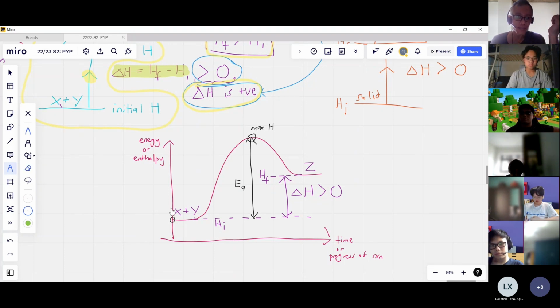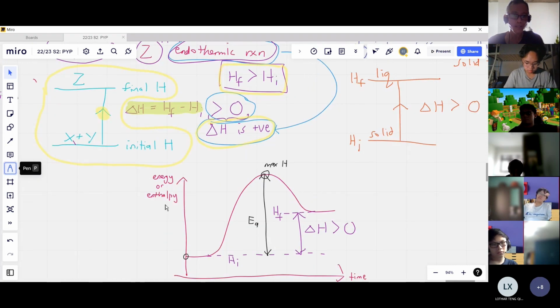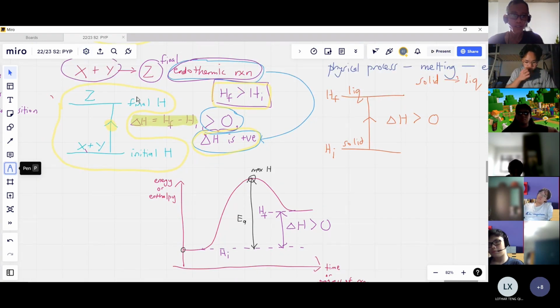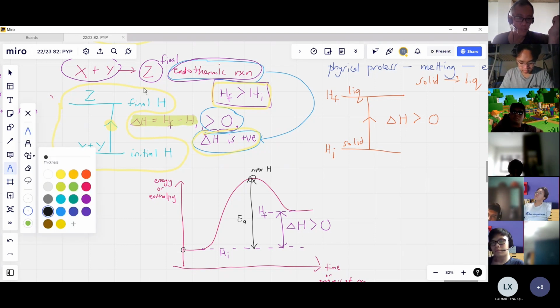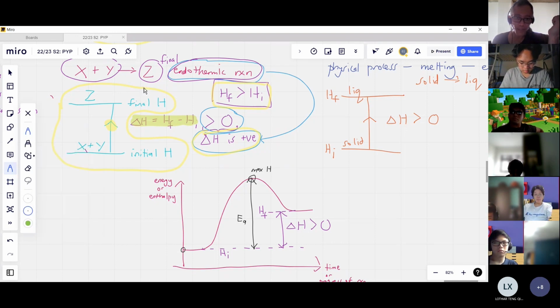But as I said earlier, this is based on my example here. It's based on this reaction. X plus Y gives you Z. In the exam, you won't know what kind of reaction you're given. So let me put some generic labels.